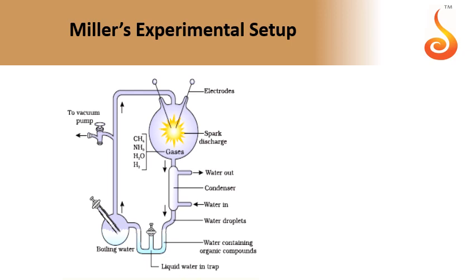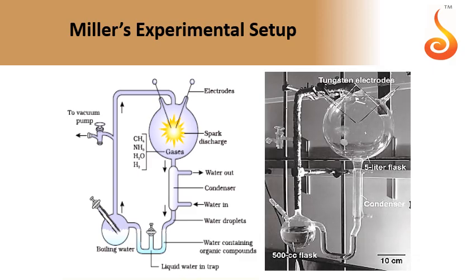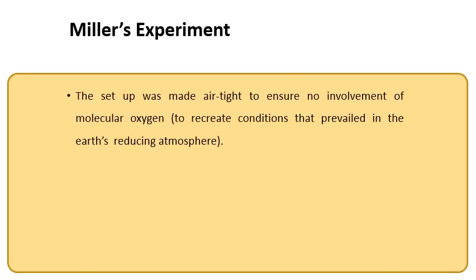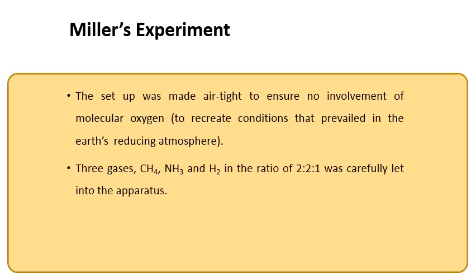These are the basic requirements which were used by Miller in his experiment. You can carefully look at the diagram here and let us know the procedure in Miller's experiment. Miller at first evacuated air, so the entire experimental setup was made airtight.